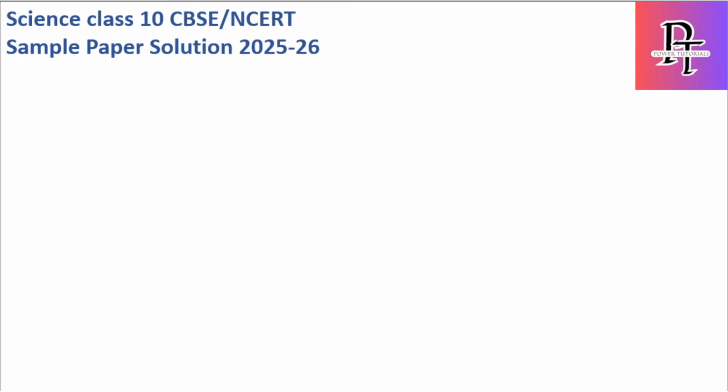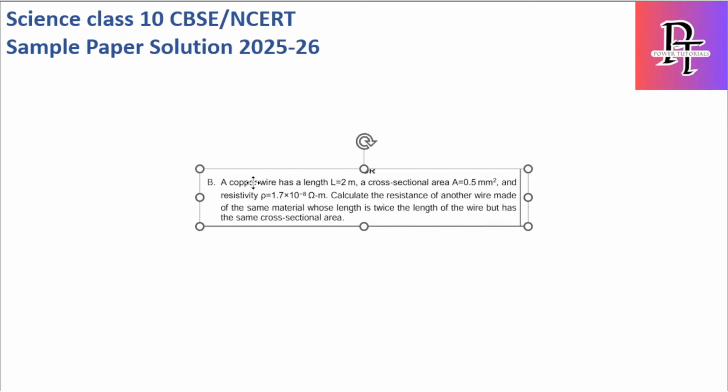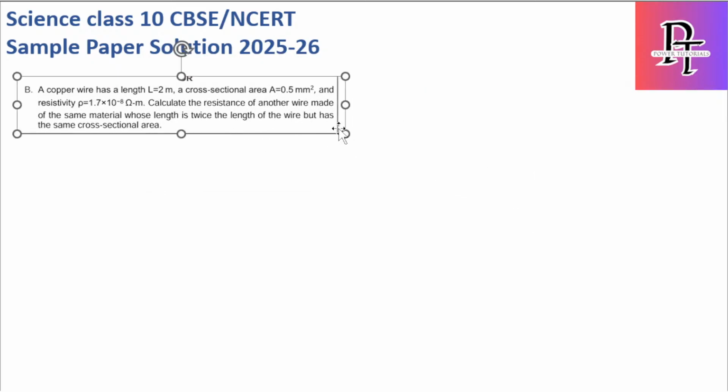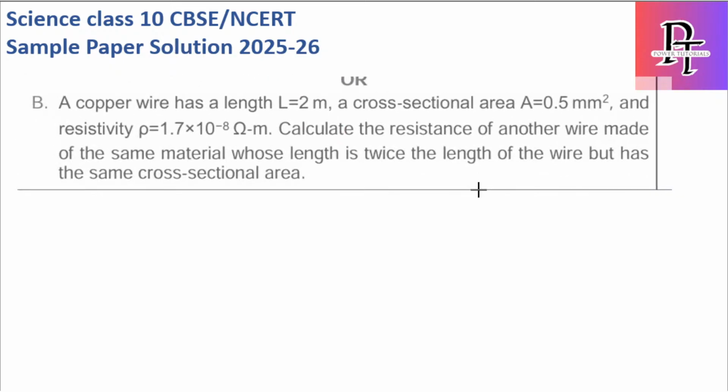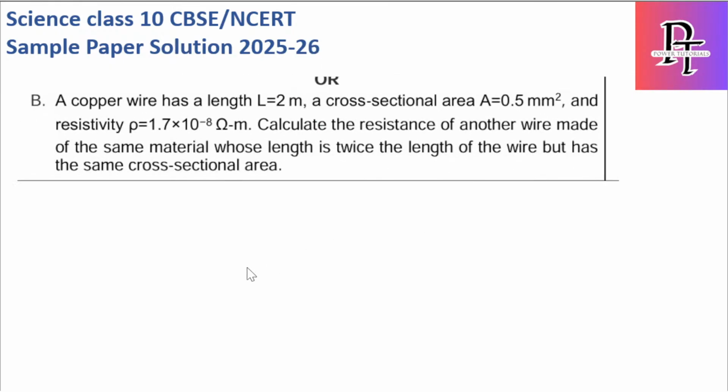Okay, now let's go to the B part. So we have a copper wire for which they have provided the length, the cross-section area, and the resistivity rho.